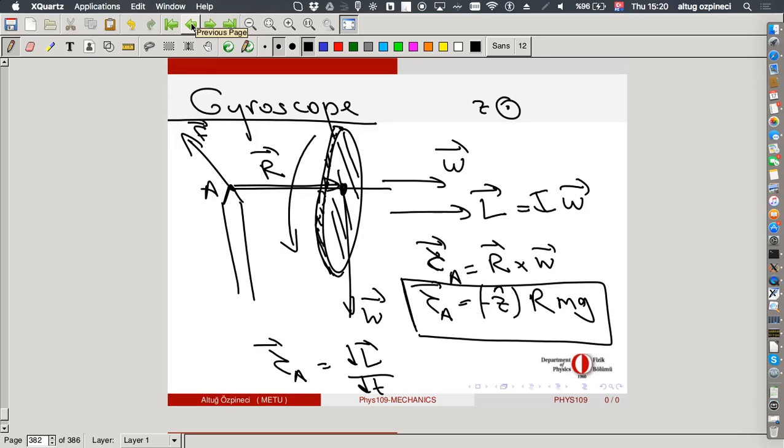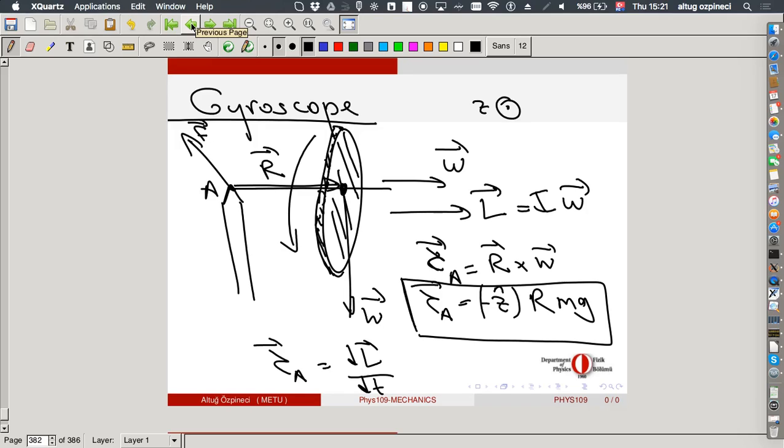So just take this mass, there's a mass over here. That mass, if this is falling down, if it's trying to fall down, needs to feel a force in this direction. But that means that mass will exert a force in the opposite direction on the rest of the system. So that point exerts a force in this direction.